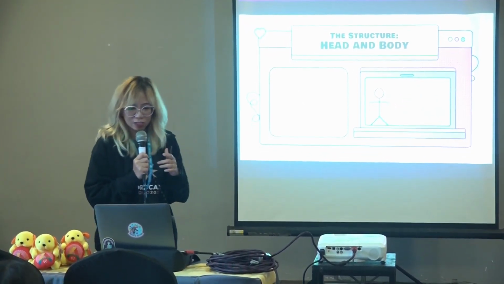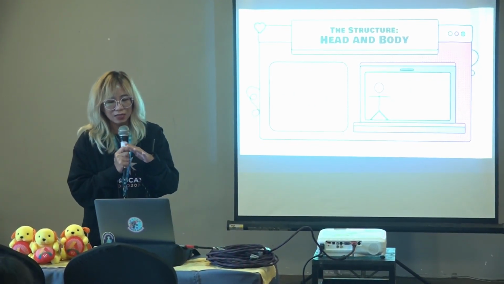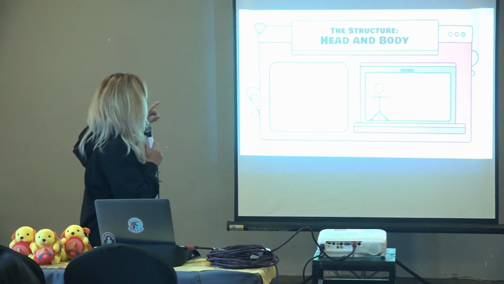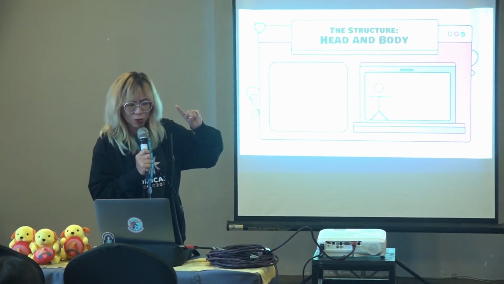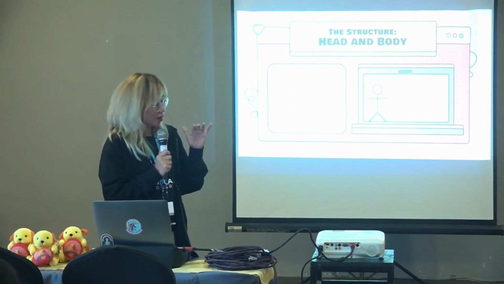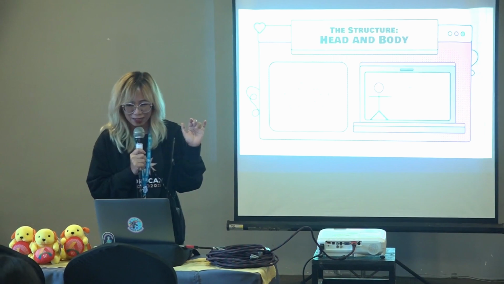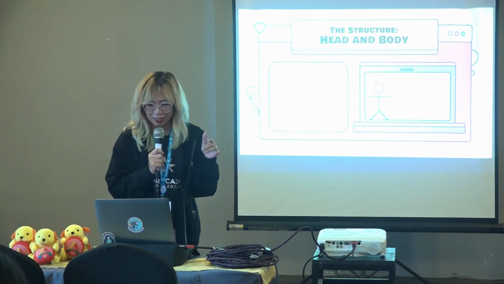The head and body structure. So an HTML document is like a house with different parts. The head section is the brain, holding important information or instructions for the web page. The body section is where the fun happens, with headings, paragraphs, images, and links.